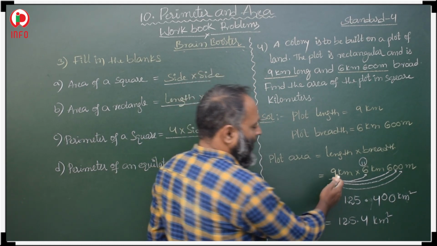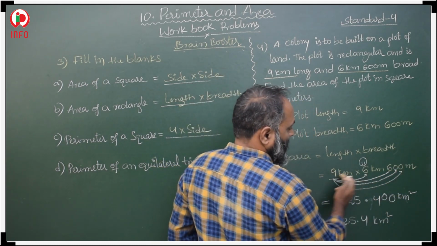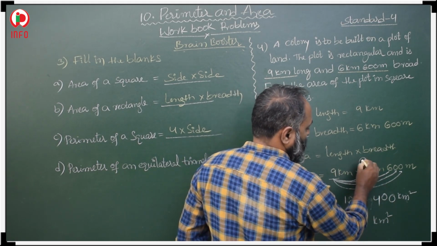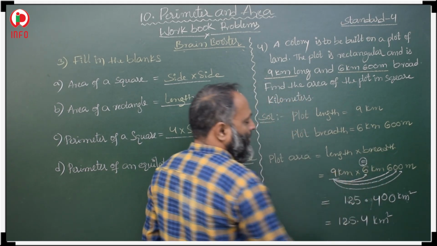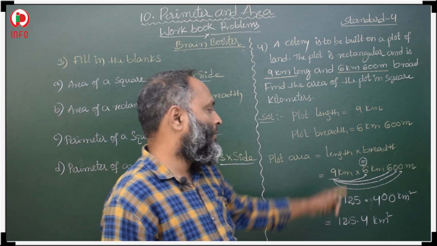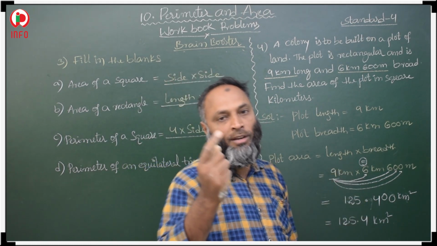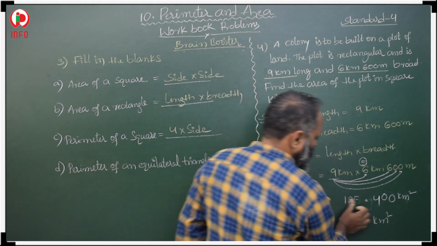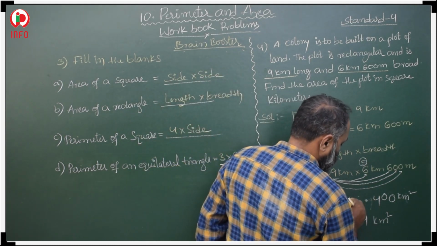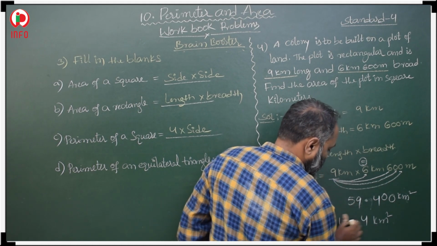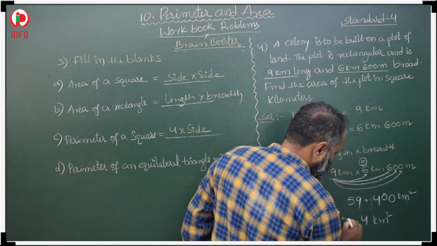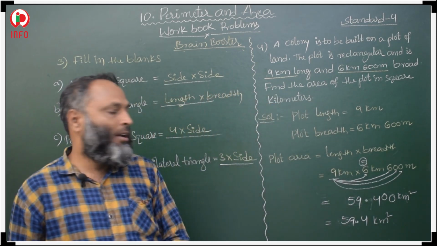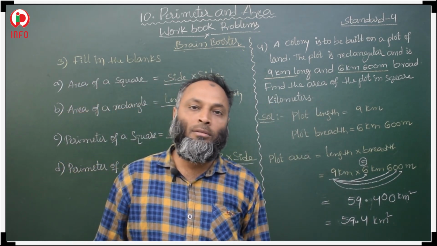Now 9 zeros are 0, 9 zeros are 0, 9 sixes are 54, here 5, 54 plus 5 is 59. So it is 59.4 square kilometers. Okay, so this is the area of the plot.